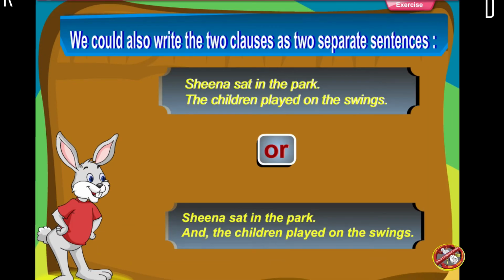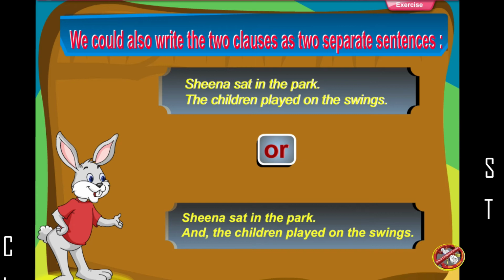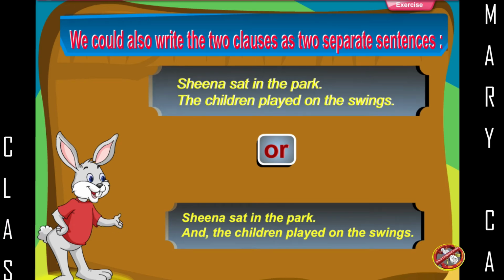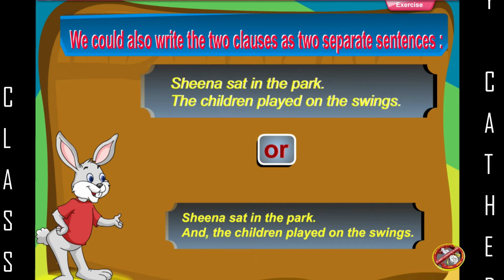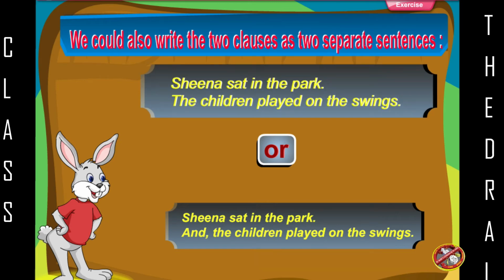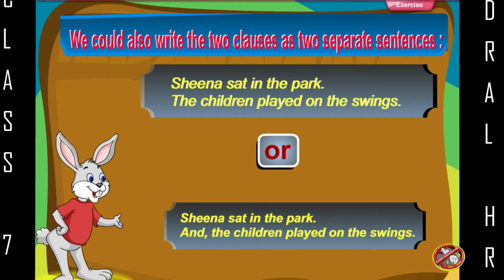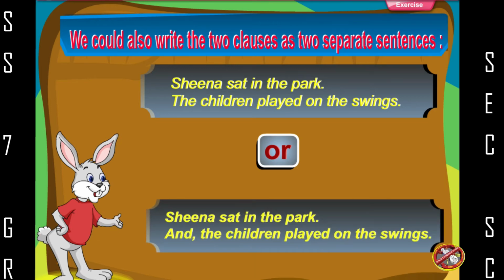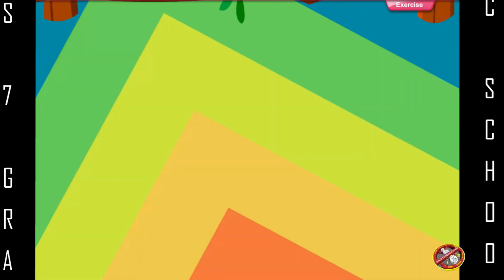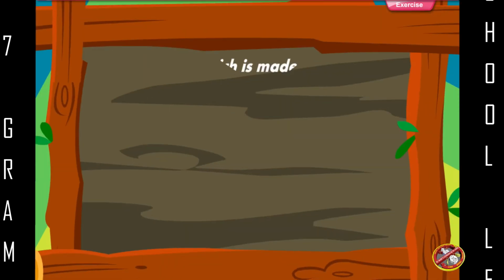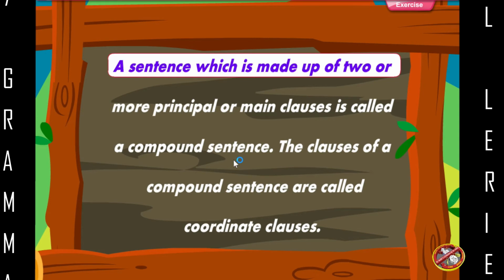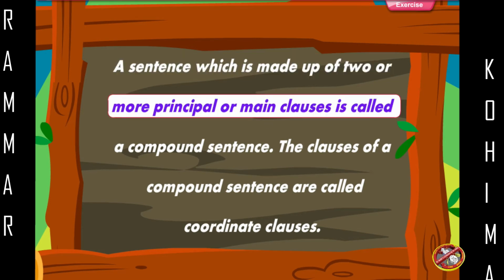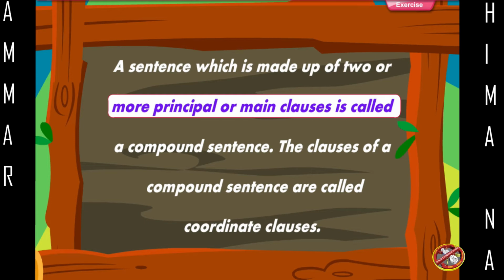We could also write the 2 clauses as 2 separate sentences. Sheena sat in the park. The children played on the swings. Or Sheena sat in the park and the children played on the swings. A sentence which is made up of 2 or more principal or main clauses is called a compound sentence.